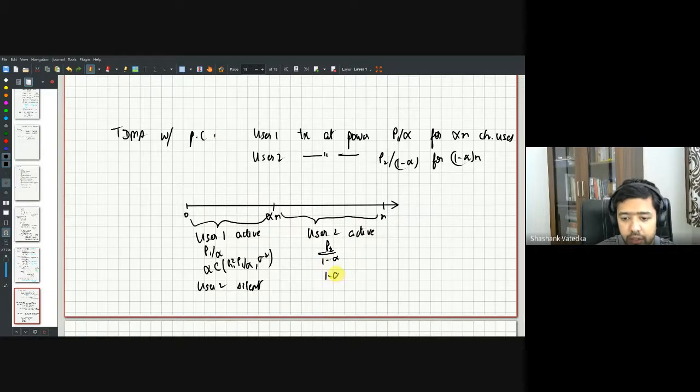The effective rate is going to be 1 minus alpha times C of H2 square P2 by (1 minus alpha) sigma square. And user 1 is going to remain silent.